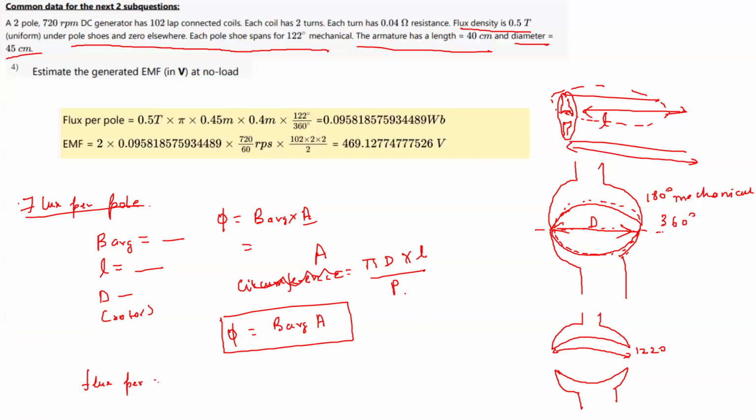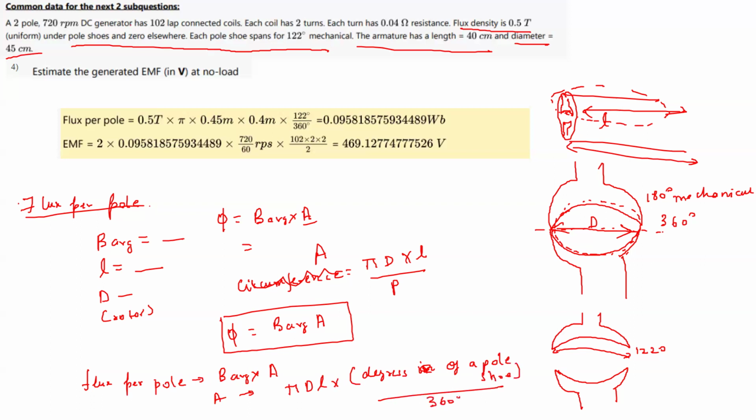Now here you see, the formula for flux per pole is B average into area. Now area is what? It is pi D L into degrees of a pole shoe by 360-degree.